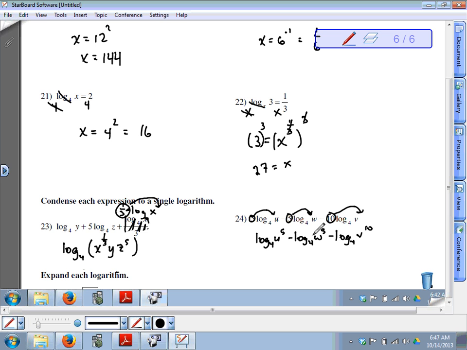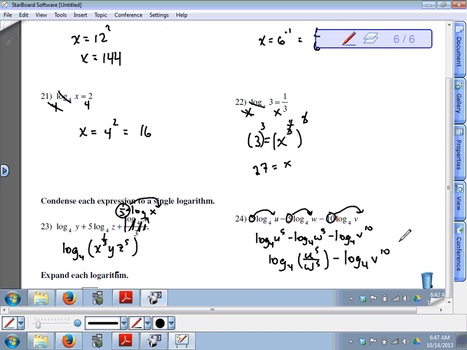Now, taking these first two logarithms and condensing them, because there's a minus sign between them, we're going to use the quotient rule, which says that u to the 5th and w to the 5th are going to form a quotient. So this becomes log base 4 of u to the 5th over w to the 5th minus log base 4 of v to the 10th.